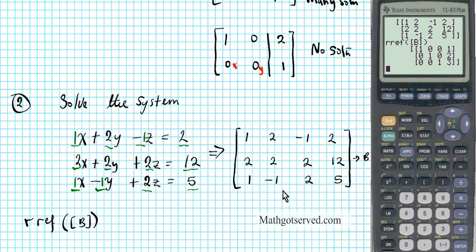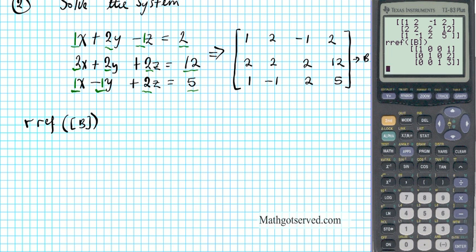Okay, so let's write down our reduced row echelon form matrix, and we're going to extract the solutions from there. The reduced row echelon form of matrix B is basically 1, 0, 0, 1; 0, 1, 0, 2; 0, 0, 1, 3, like that.